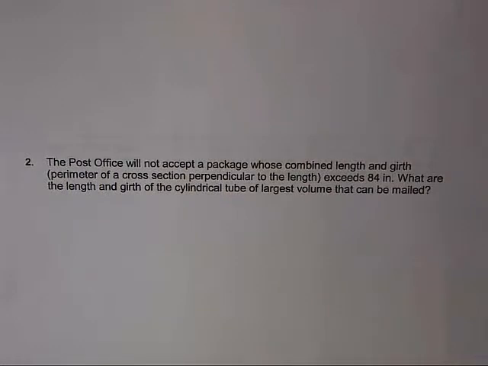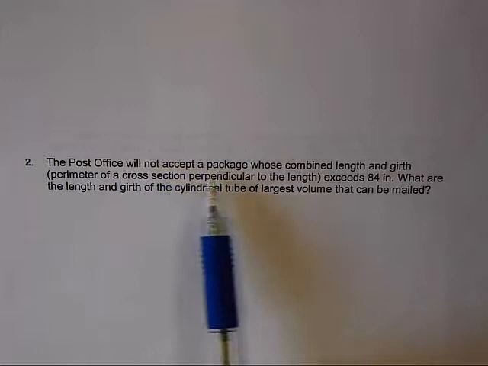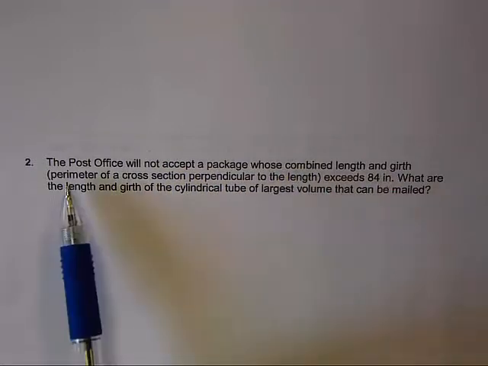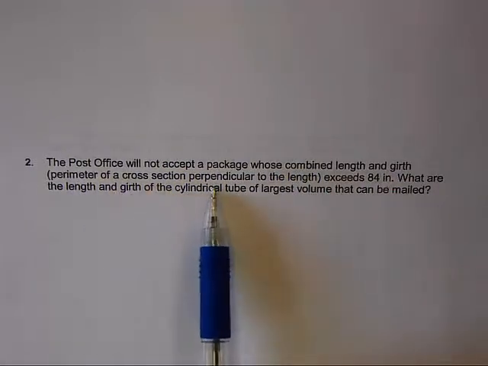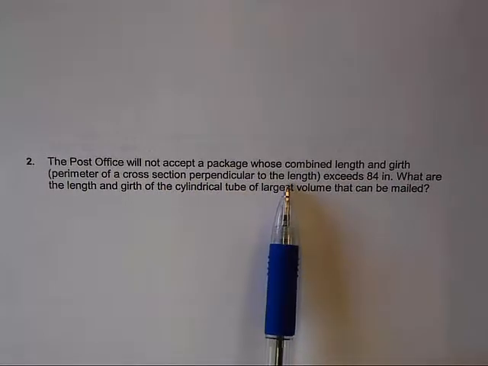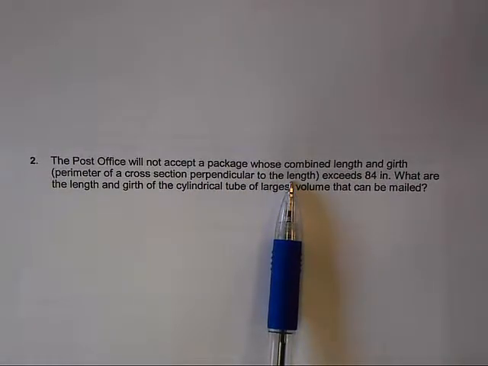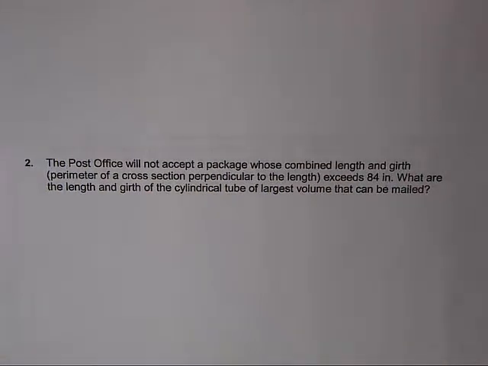What's my restriction? 84 inches. So what cannot exceed 84 inches? We need the perimeter of a cross section. That gives the girth. So if you're looking at a cylindrical tube like this, what's the girth?